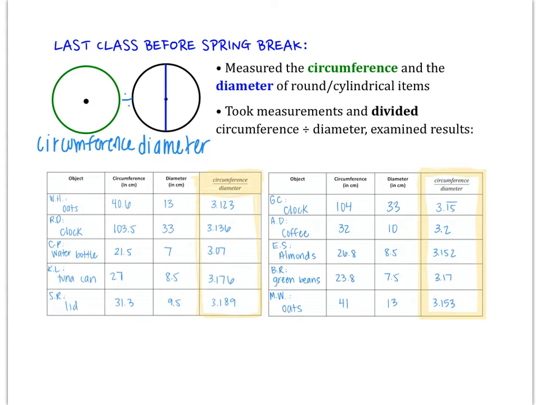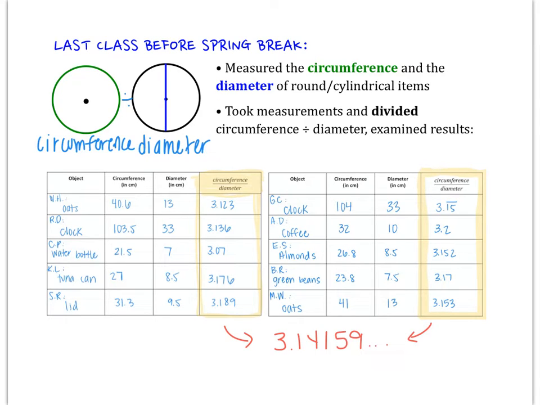I had taken 2 class results here. You might see your initials on this list, and you look at the circumference and the diameter, and then this highlighted column shows what they got when they took the circumference and divided it by the diameter. I specifically chose these examples because they are all in that 3-point something range, and even more specifically, they all get pretty close to 3.14, and I could keep going, 1, 5, 9.